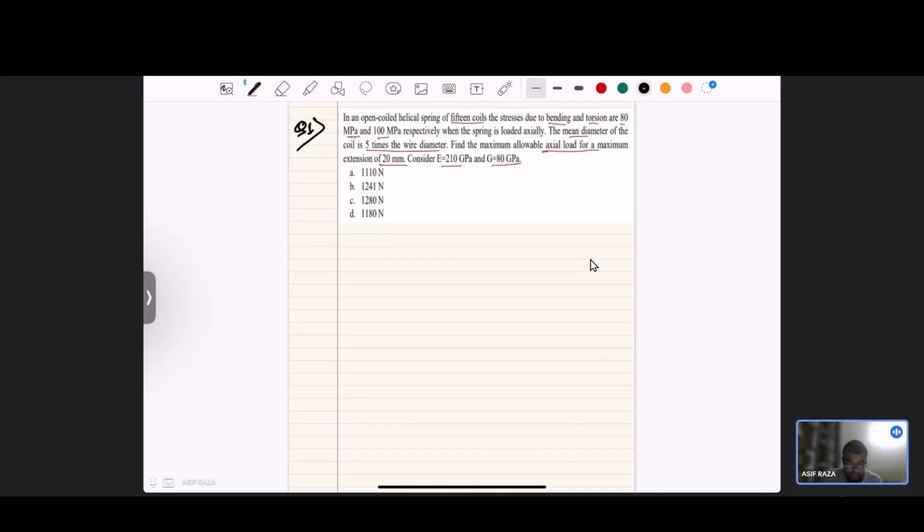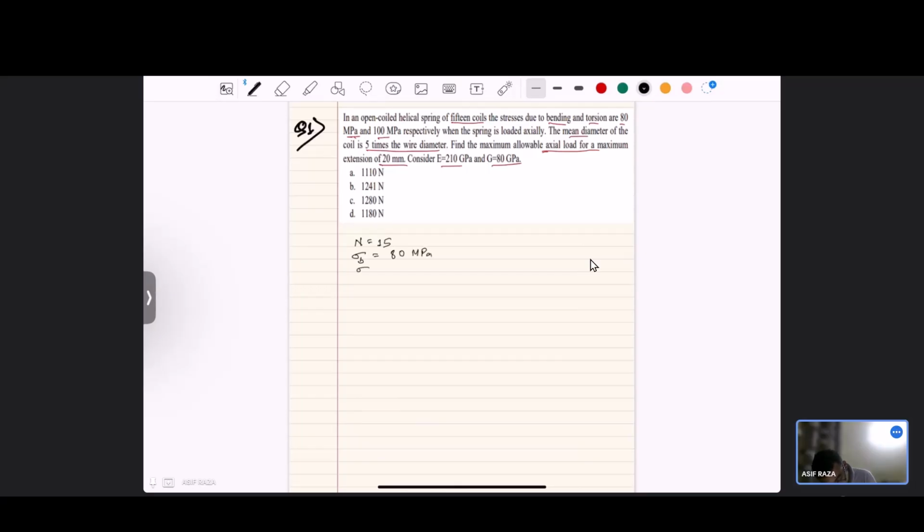So let us write all the things which are given. Number of coils is 15. Stresses due to bending sigma B is 80 megapascal.